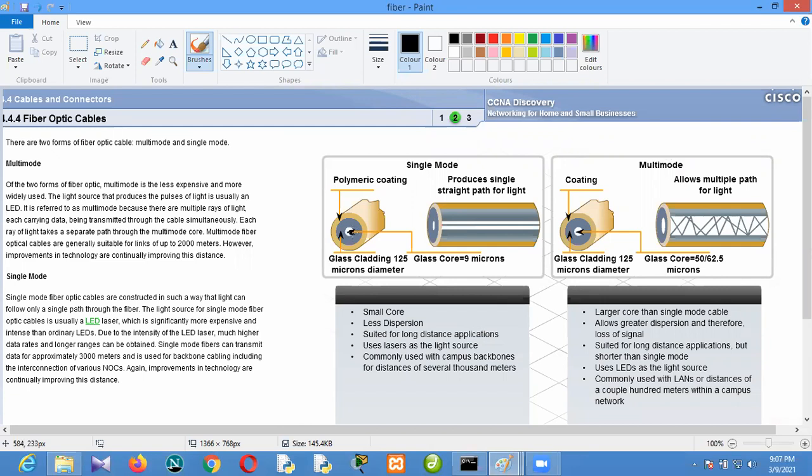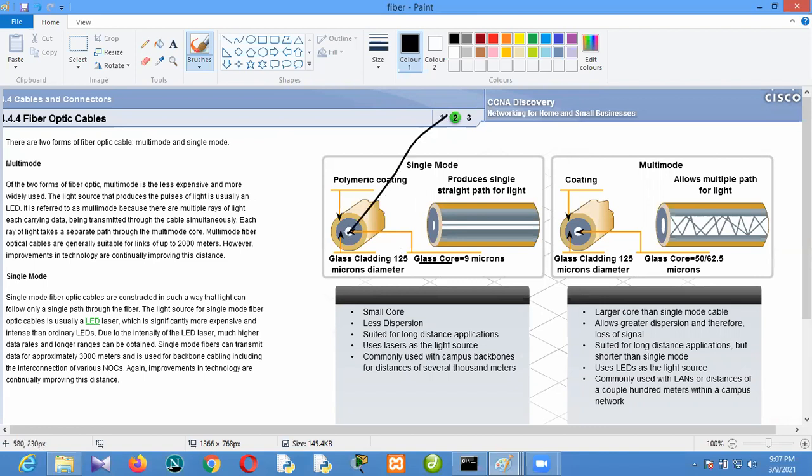Here is the core. You see where it's pointing? This is the core.